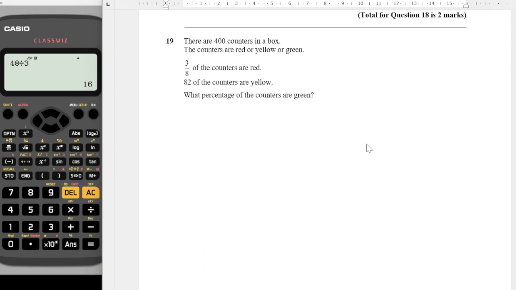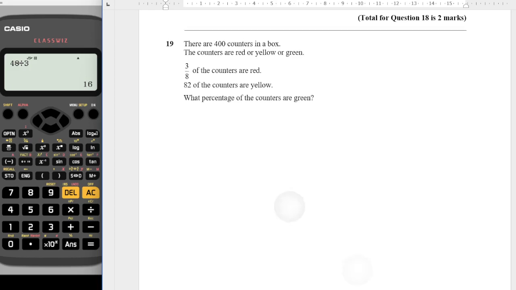Okay, question 19. There are 400 counters in a box. The counters are red, yellow, or green. So I'm going to use a little table for this. I've got, if I can get my pen to work. Okay, so I've got red, yellow, or green. We've got some information.